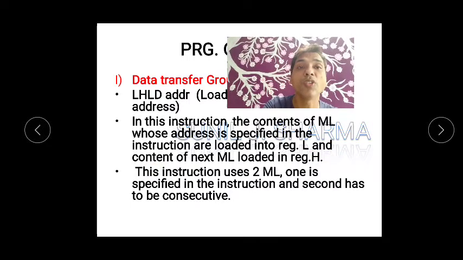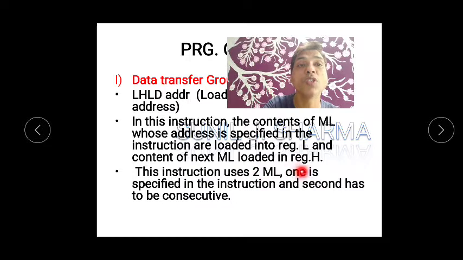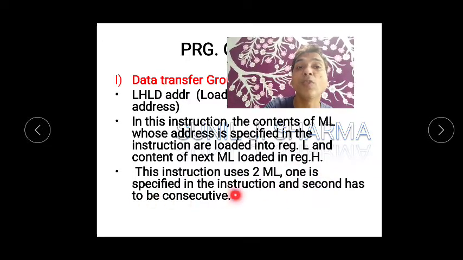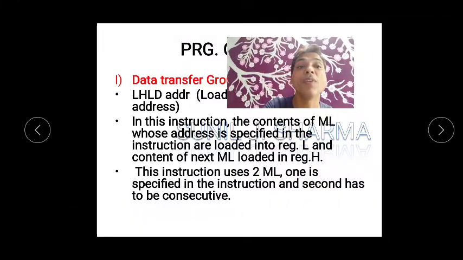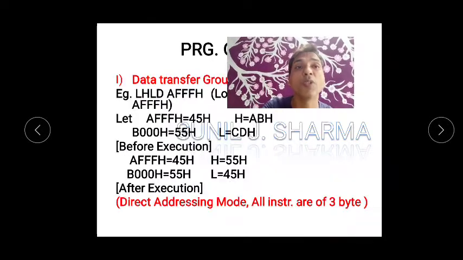Don't worry, I'll give you an example. This instruction uses two memory locations. One is specified in the instruction and the second has to be consecutive, that means exactly the next. I think this is very important.